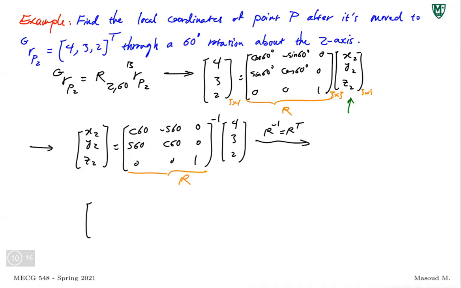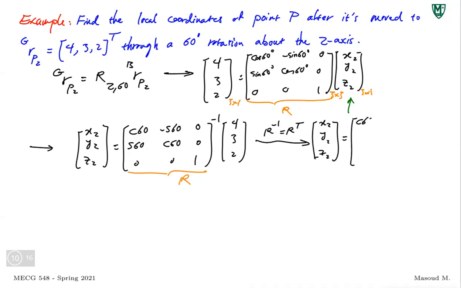This becomes, let me continue this line. x2, y2, z2 is equal to, what is the transpose of that? So we have the first row, cosine 60, minus sine 60, 0. The first row becomes the first column.